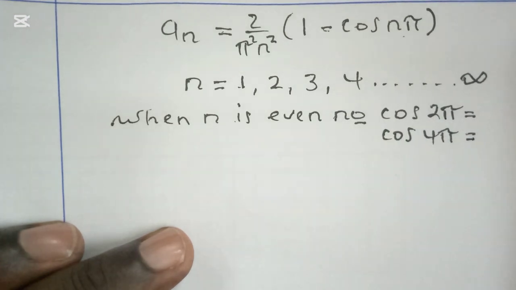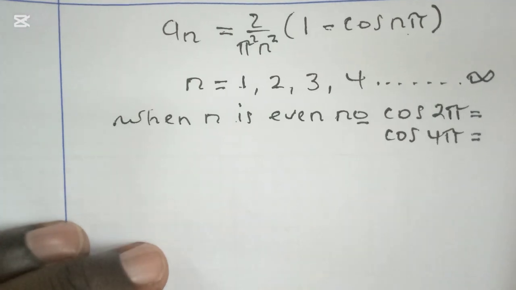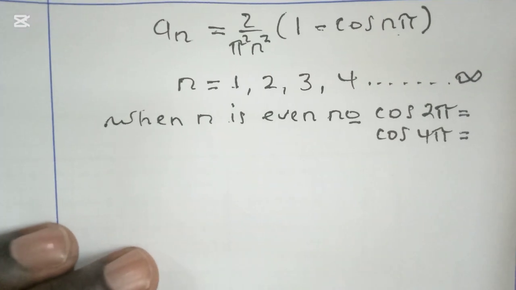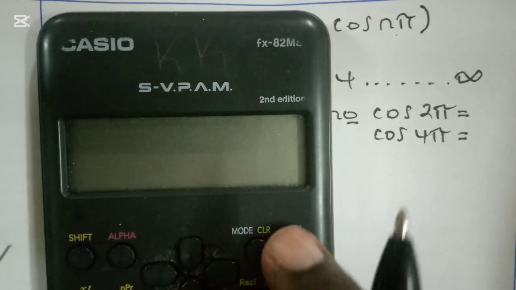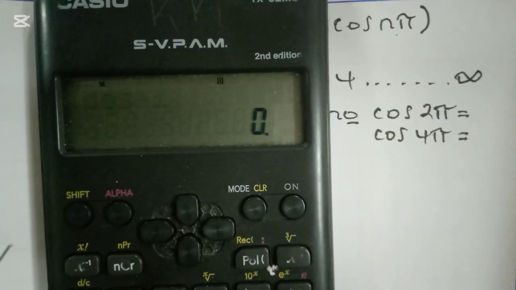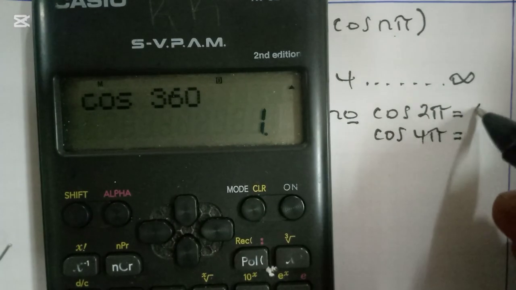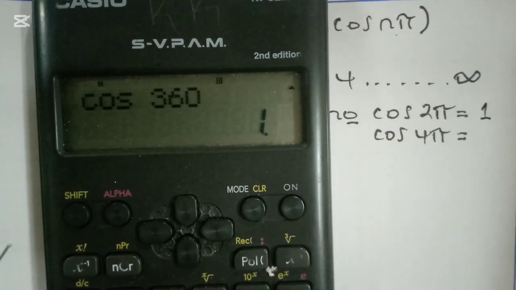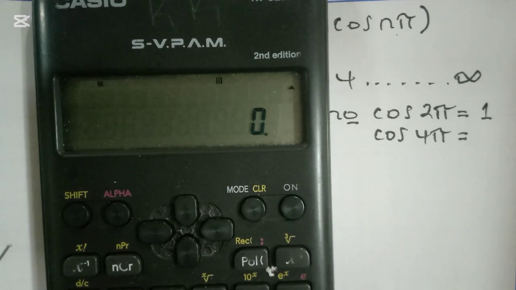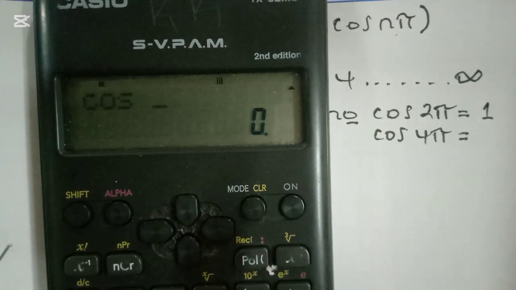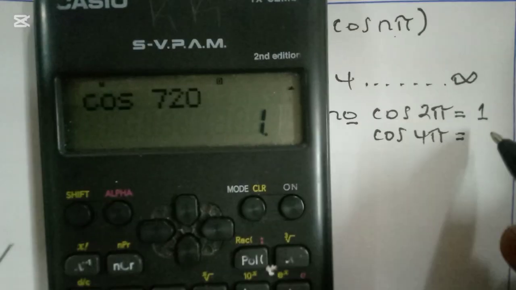With this one, we'll find that cos 2 pi, which is cos 360, equals 1. Now cos 4 pi is 720, cos 720 gives us the same, 1.